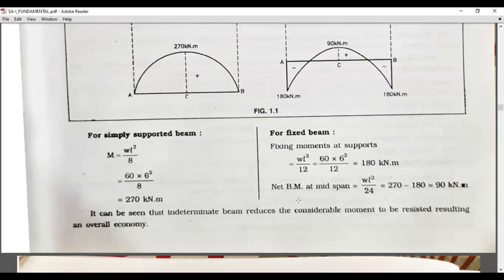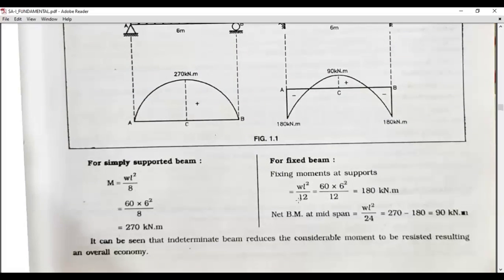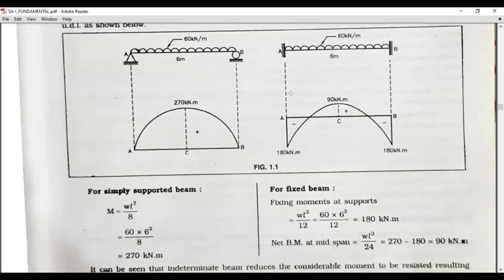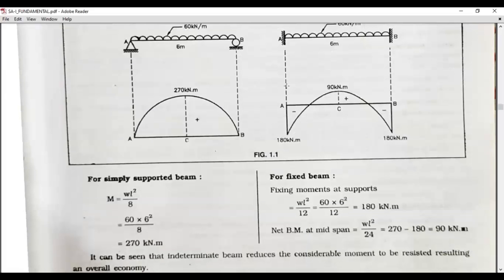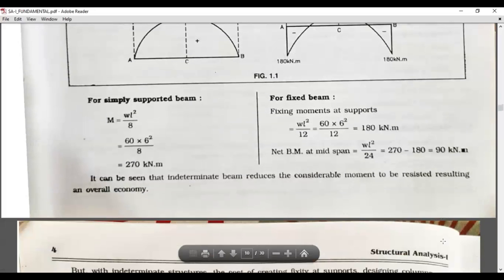Now, through calculation, for a simply supported beam we know the equation of moment is WL square by 8, and for fixed it is WL square by 12. We put the values W equal to 60 kilonewton per meter and length equal to 6 meter. We get 270 kilonewton meter. Similarly, here we get the 190 kilonewton meter.